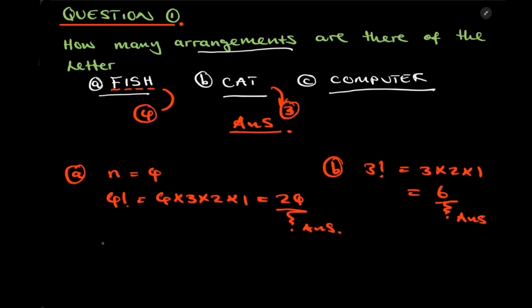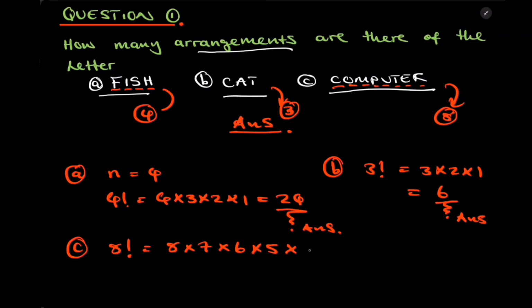Okay, now let's jump to the next word. So how many letters does it have? 1, 2, 3, 4, 5, 6, 7, 8. It has 8 letters. So it's 8 factorial, and 8 factorial is 8 times 7 times 6 times 5 times 4 times 3 times 2 times 1.